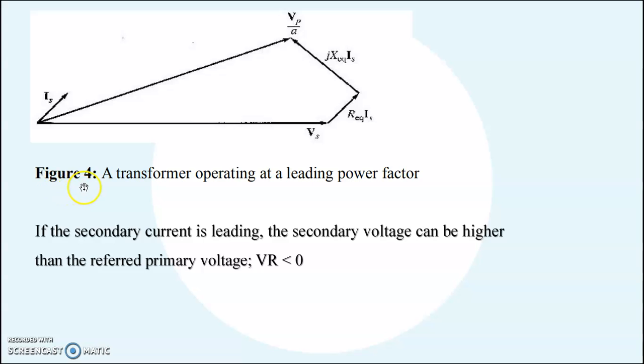Next, Figure 4 shows a transformer operating at a leading power factor. If the secondary current is leading, the secondary voltage can be higher than the referred primary voltage, so voltage regulation is less than 0.